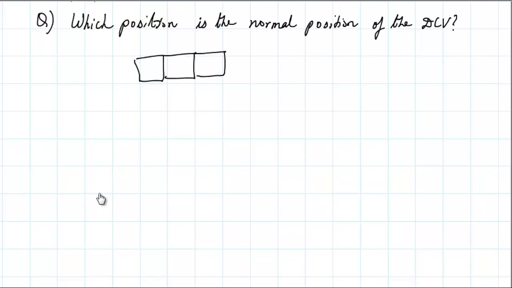Out of these boxes, which is normally the position of the DCV, where it is lying for the next movement? Out of these three positions, which position is the DCV generally in?